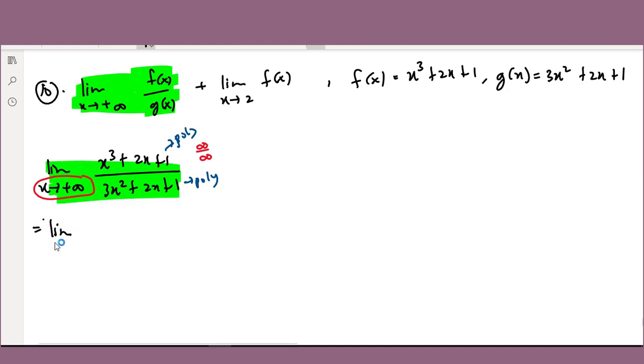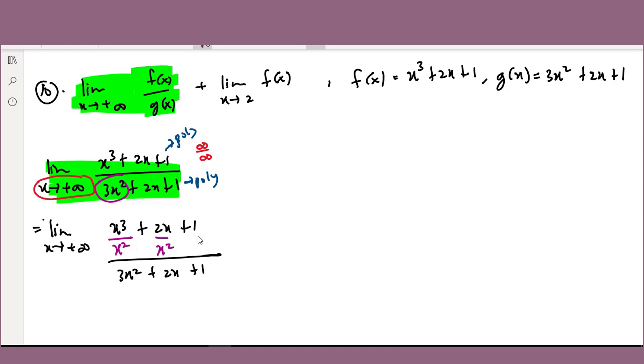Limit as x tends to positive infinity. First step, (x cubed plus 2x plus 1) over (3x squared plus 2x plus 1). Divide by the highest power, which is here, just take x squared without the 3. Divide every term by x squared, then simplify.